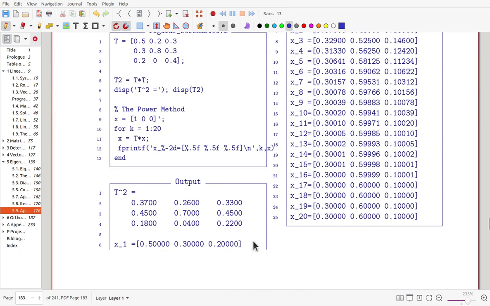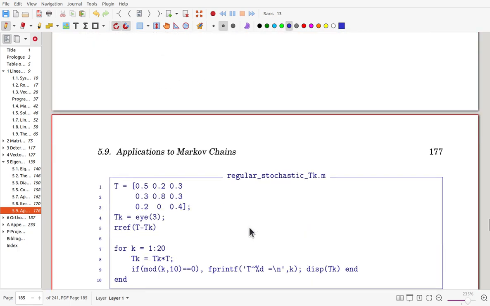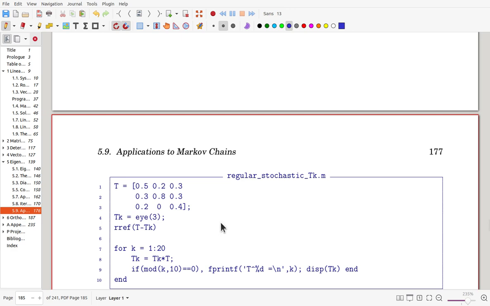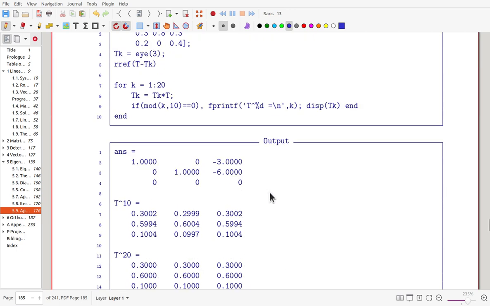For the first part, we formulate T minus identity and try to get the reduced echelon form. And we multiply the identity and T and save it over there, so that after K iterations it becomes T^K. Okay, let's see the results.